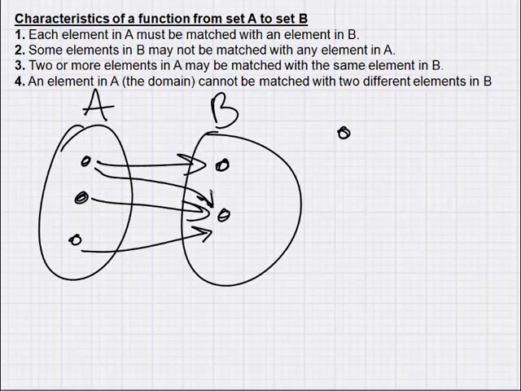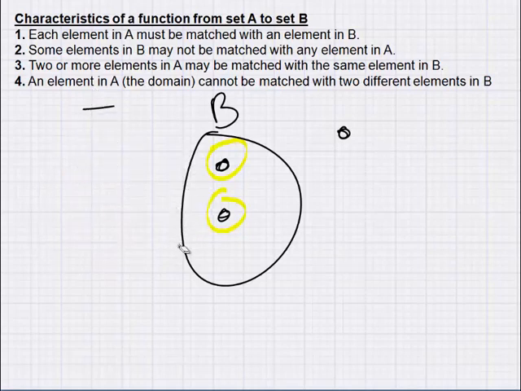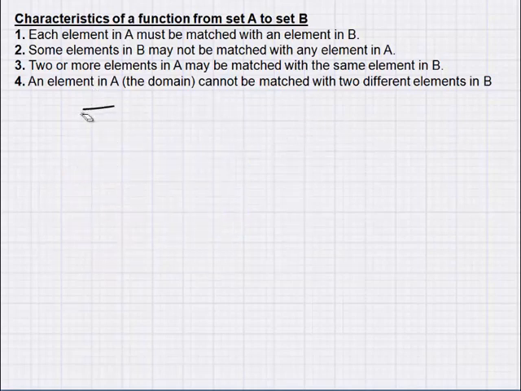So this is not a function. Not a function at all, because here this element gets matched to 2 elements. So 1 element in A gets matched to 2 in B, not a function. Alright, so you can see that. How about we do one more?